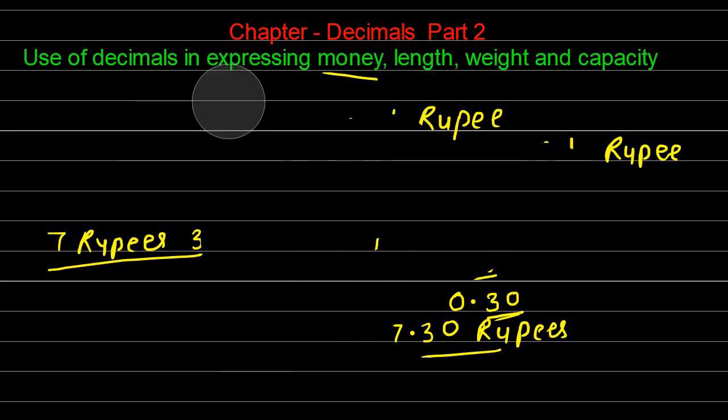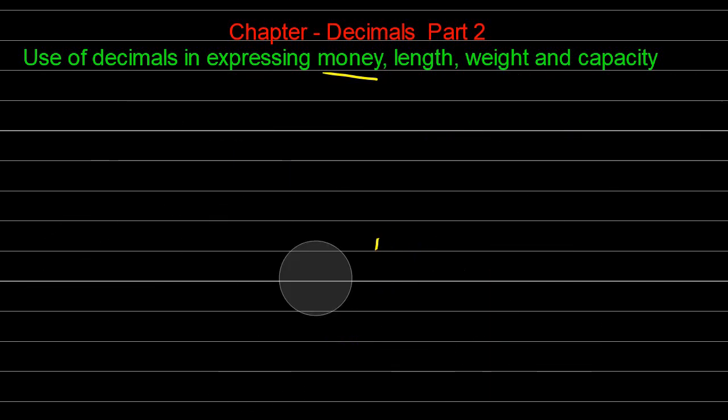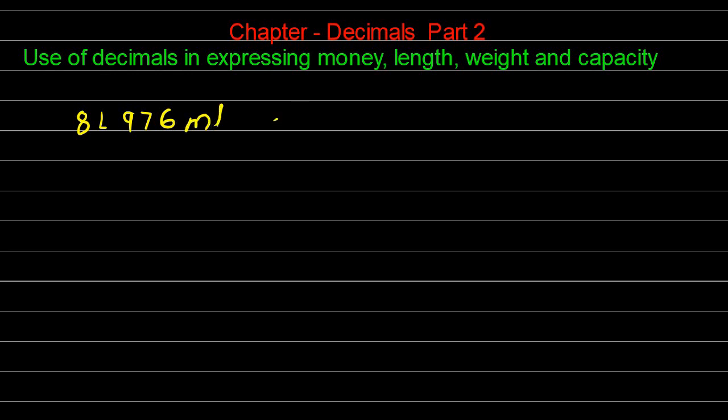Let's take one more example. If we have 8 liters 976 milliliters, we need to convert it into decimals. First, 8 liters is our whole number, so 8 will remain as it is.